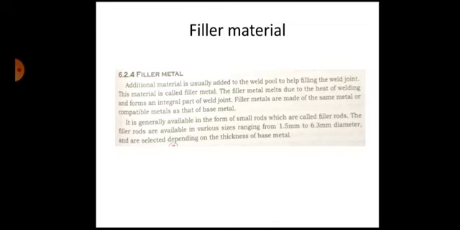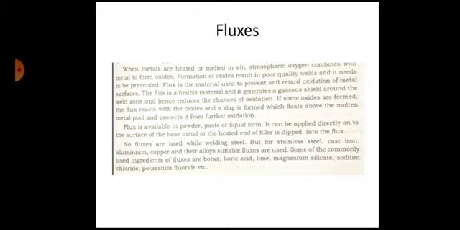Filler materials are made of the same metal or compatible metals as the base metal. It is generally available in the form of small rods which are called filler rods. The filler rods are available in various sizes ranging from 1.5 mm to 6.3 mm diameter and are selected depending on the thickness of the base metal. Okay, that's all about filler material or filler metal.